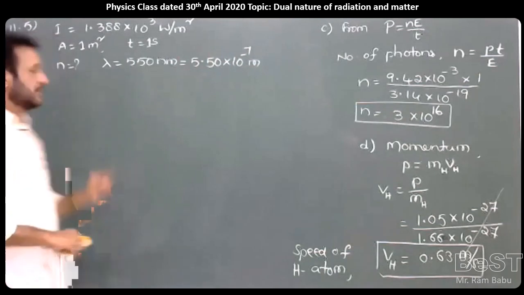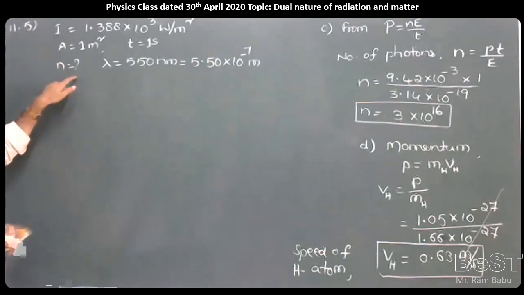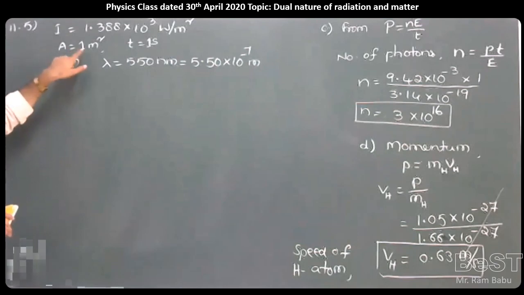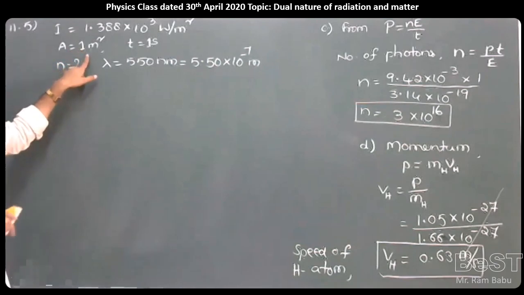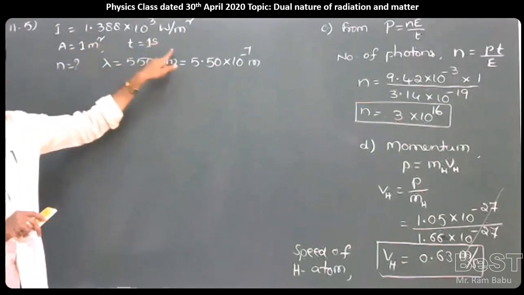Now the question: find the number of photons, n, per square meter, means area equal to 1 meter square, per second, time equal to 1 second.